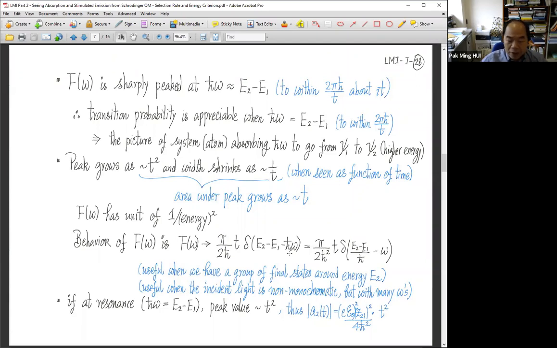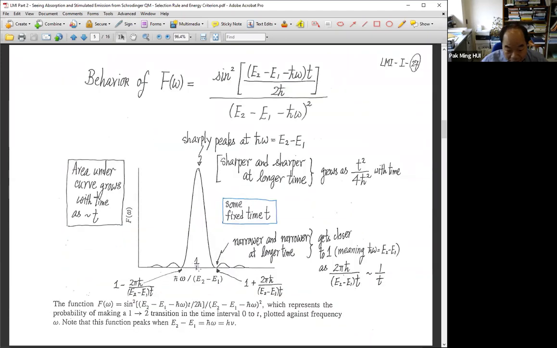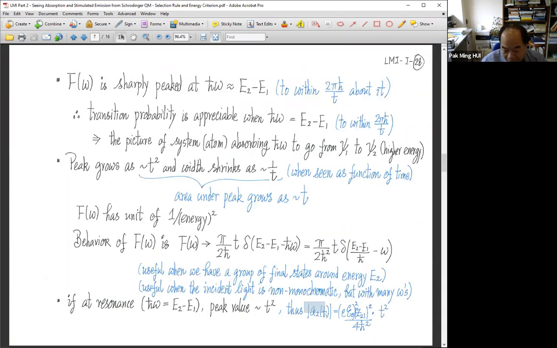Second point, if you are strictly at resonance, that is to say, you have the luxury to have an excellent laser and so on, but even an excellent laser has a width in frequency. If you can really tune it right at this point, all the physics you pick up is this particular peak, you will see that A squared grows like T squared, okay?